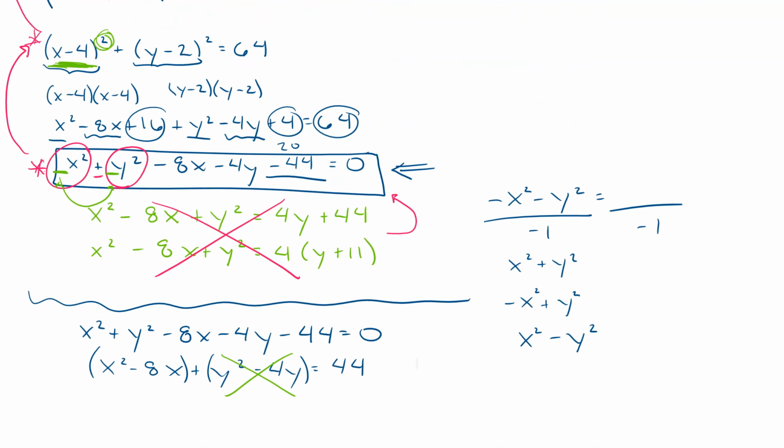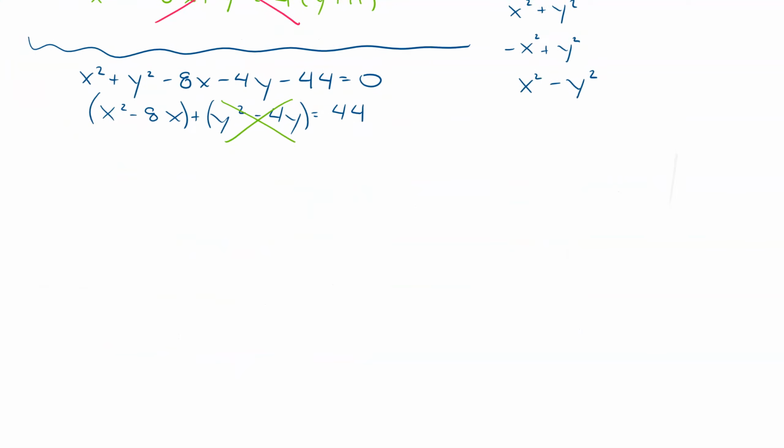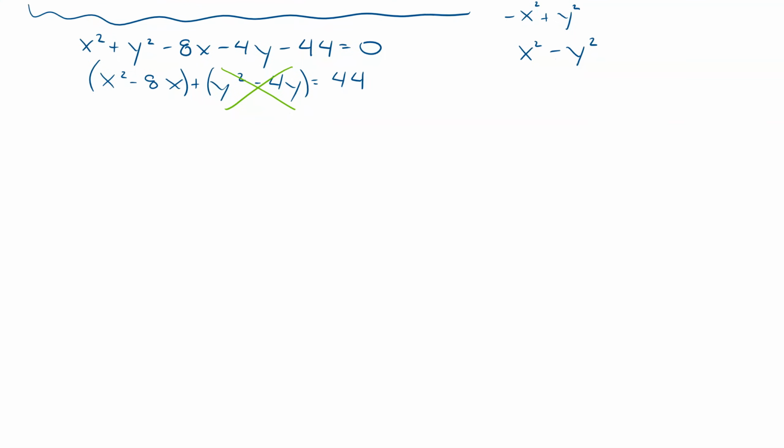If we look back at radius center form, we see that it is a perfectly squared version on the x term that we're dealing with. We have a perfect square on the x term. So we need to look at our x term and create a perfect square. We need to complete the square. So we're going to take 1/2 of that middle term, then we square it, and we're going to add that to both sides.